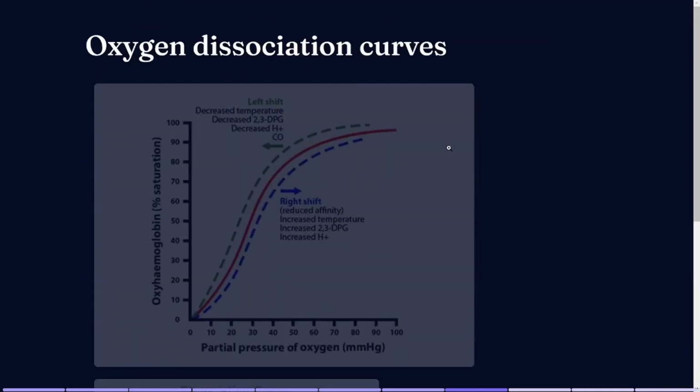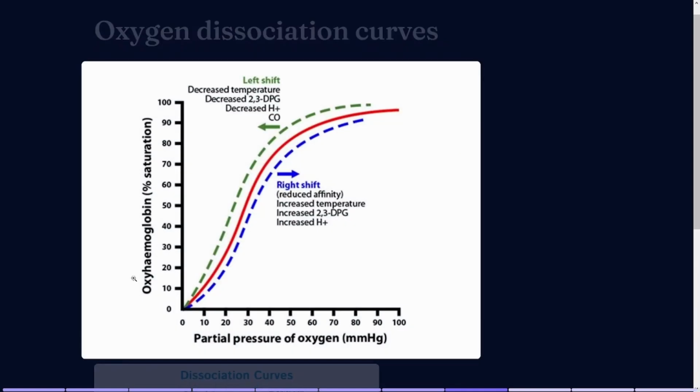This is the oxygen dissociation curve, which is the graphical representation of just what we studied up. So in this, the y-axis represents the percentage saturation of oxyhemoglobin, and the x-axis represents the partial pressure of oxygen, which is in the units mmHg. So as you know, this is the partial pressure.